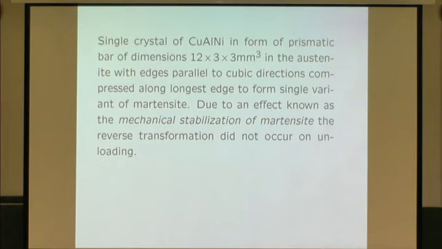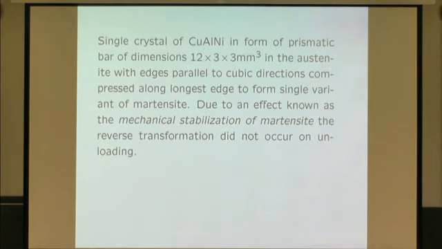So that for some reason, when you reduce the load, it doesn't go back to the austenite, even though the austenite has less energy. Right? And it all depends on the geometry and the microstructure in the martensite.